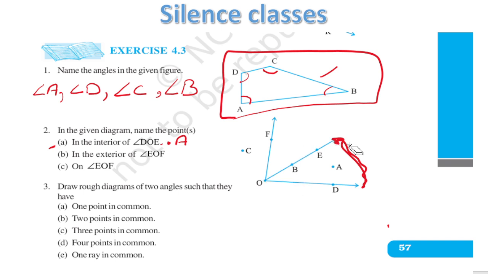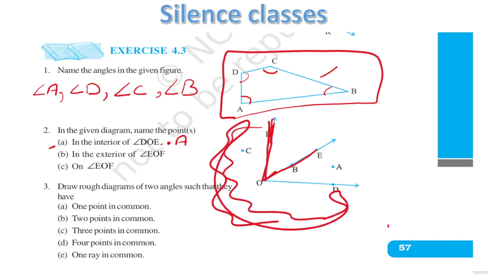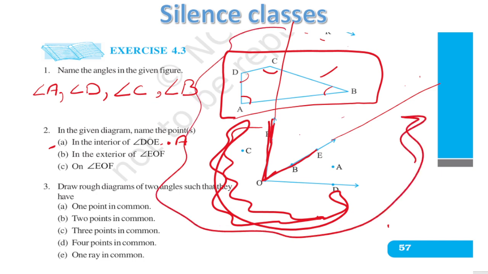Now find out the exterior. In the exterior of angle EOF, E from EO and F. In the exterior of this angle, how many points are there? Exterior means outside this, not between. We can extend the lines like this, so we cannot count the points only over here. We cannot take it outside this angle.